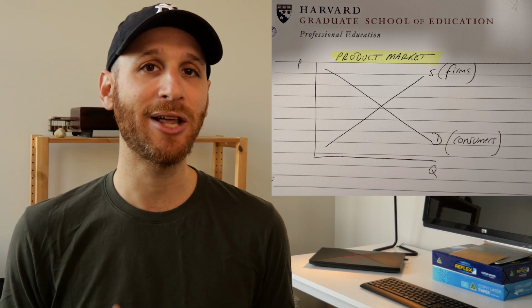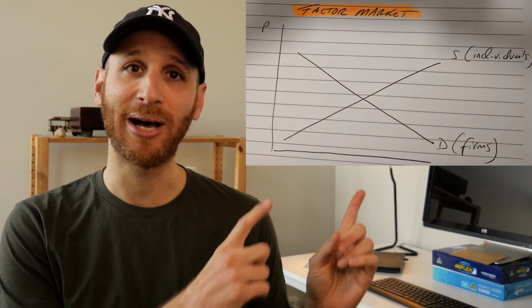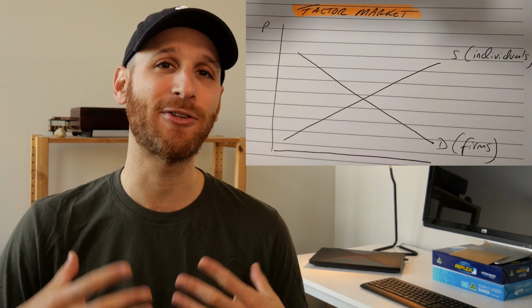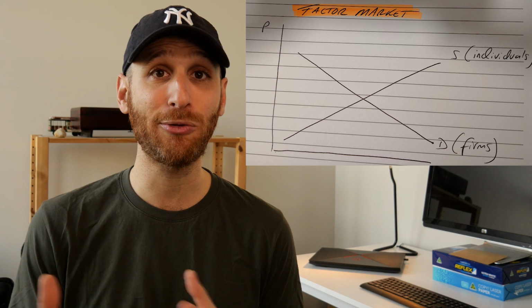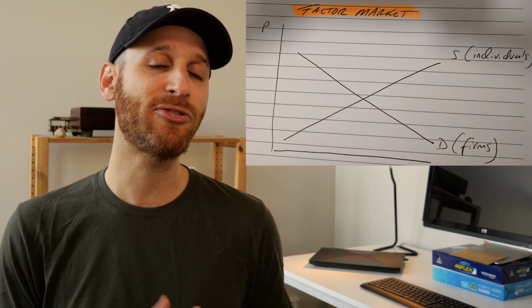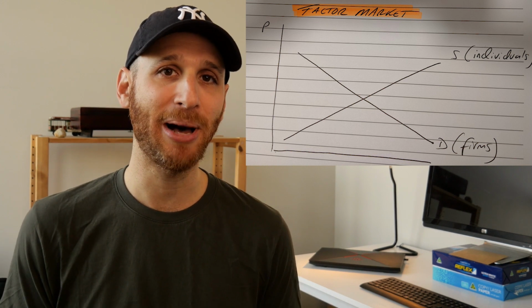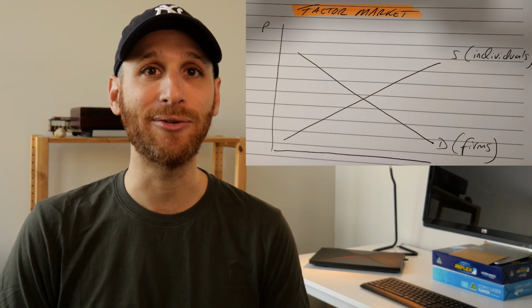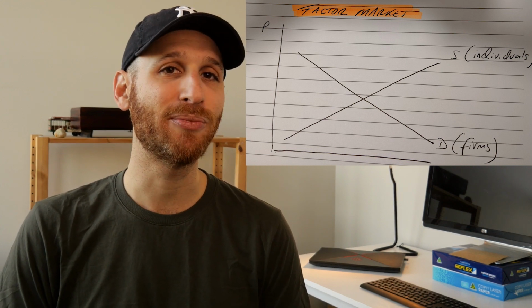But when we talk about labour markets, this isn't a product market anymore, it is a factor market. The factor market is like the factors of production, a resource, because that's what labour is. So when you look at the graph for a labour market, the supply of labour doesn't come from firms.